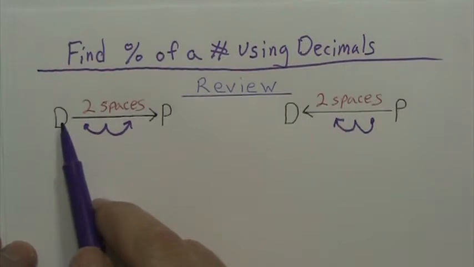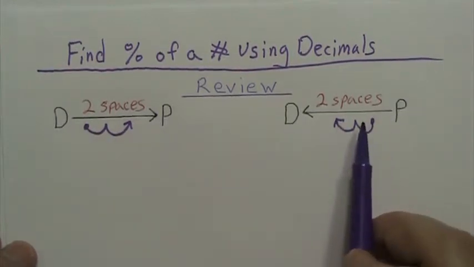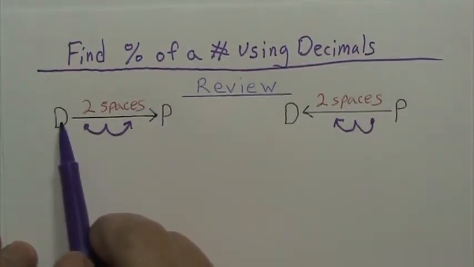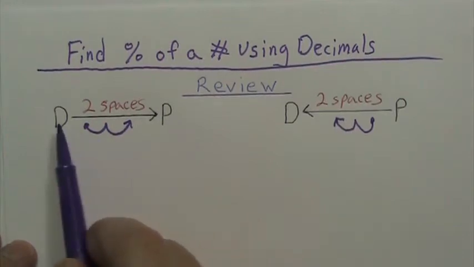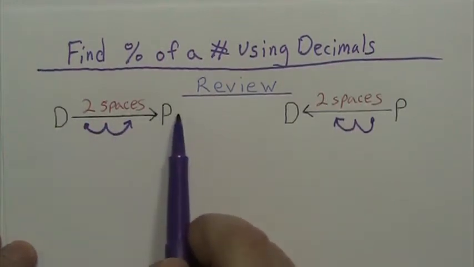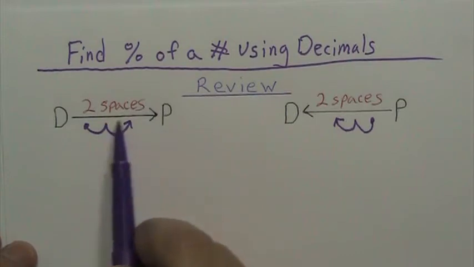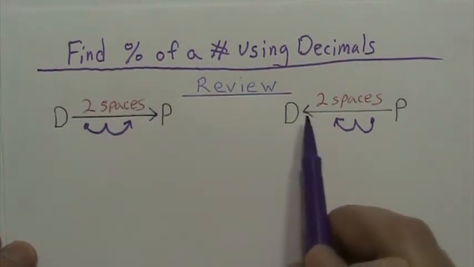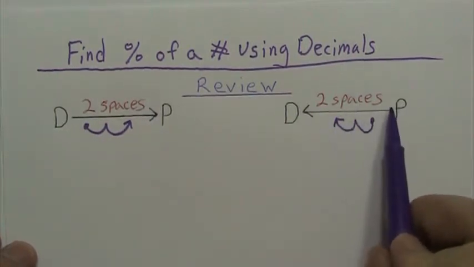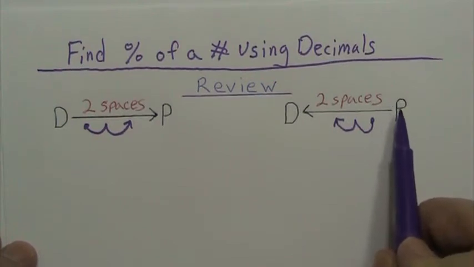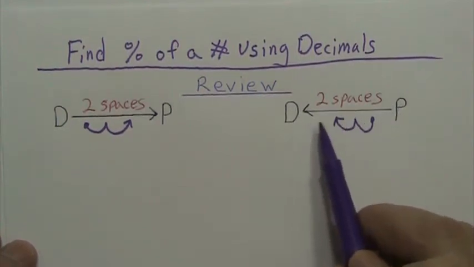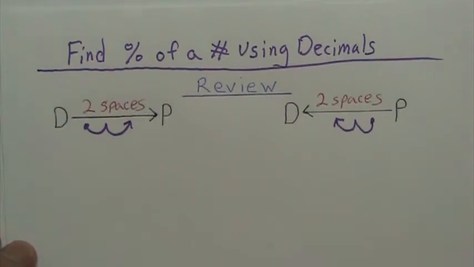The reason why I like to keep it DP like this is because think of the alphabet. D comes before the letter P. Decimal to percent, you move the decimal this way, 2 spaces. If you want to go percent to decimal, think of the alphabet, you want to go this direction, 2 spaces.